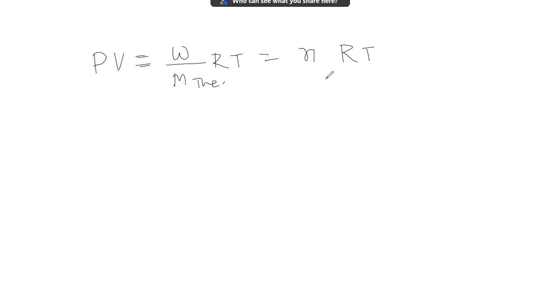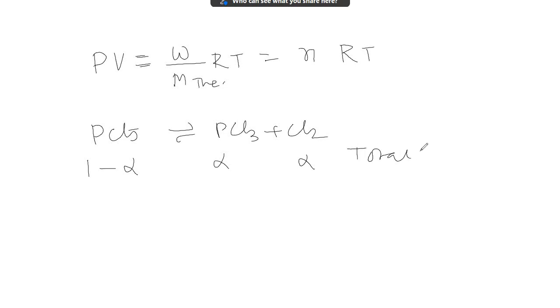If alpha stands for the degree of dissociation, in this case what can I think of? Look at the case: PCl5 decomposes to PCl3 and Cl2. If it is 1 minus alpha, it will be alpha, it will be alpha. So the total moles at equilibrium will be 1 plus alpha. For 1 mole it is 1 plus alpha; for n moles, it will be n into 1 plus alpha.